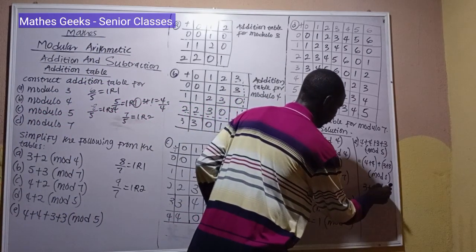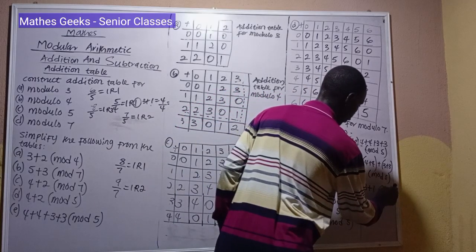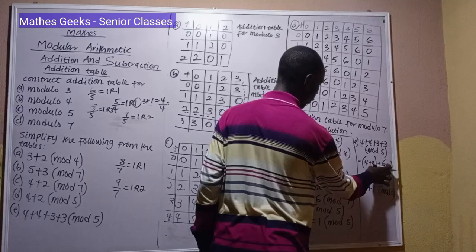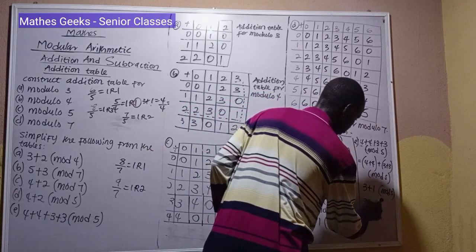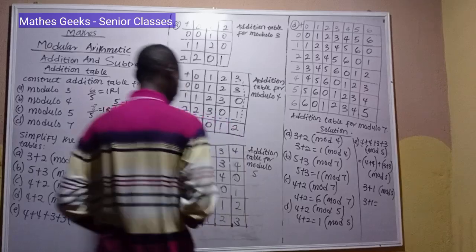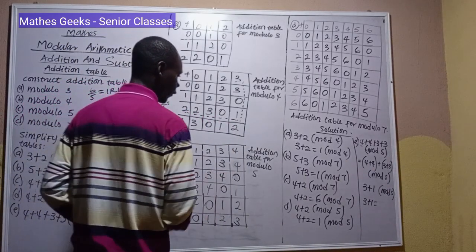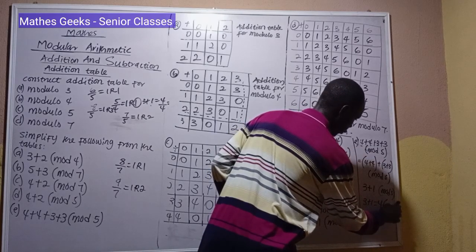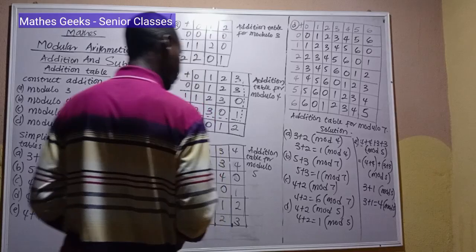So this is a simplified form of what we have here. 3 plus 1 in mod 5 is equal to, what do we have? It's 4. So the answer is 4 mod 5. That's your answer.